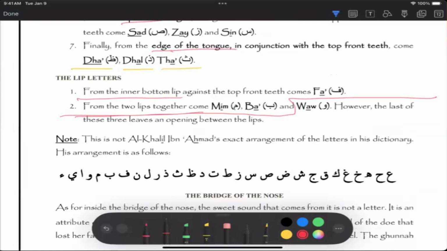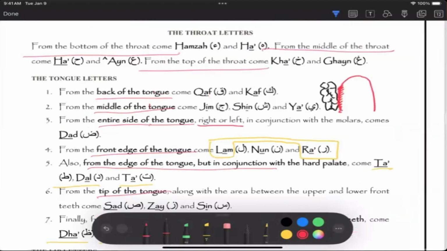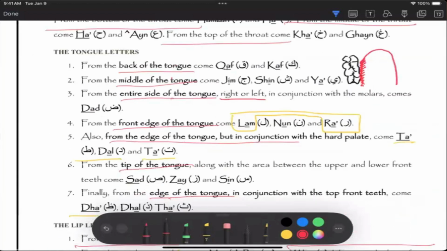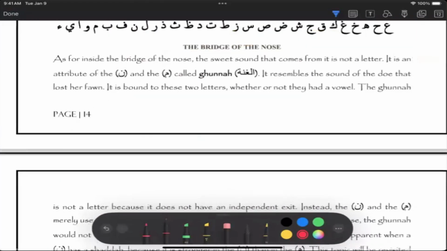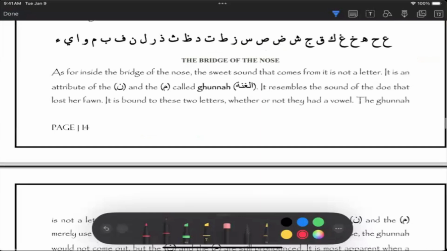These last 3 leave an opening. If waw has its own, then that's 14. And then Khayshum is 15. So something's not being counted right here. I'm not sure. We'll have to review, inshallah, look into the books and see what's going on there.